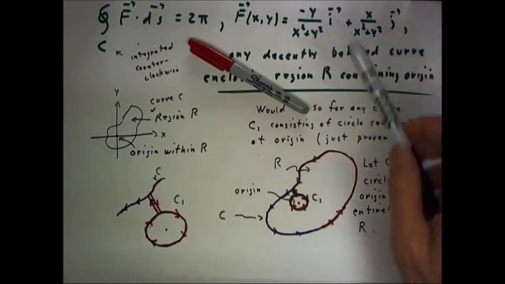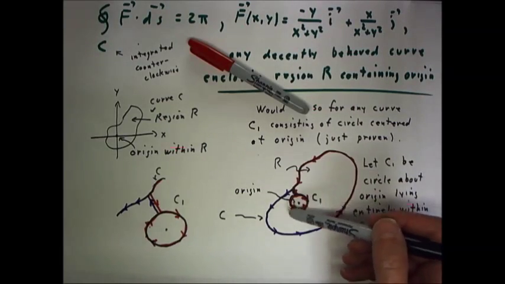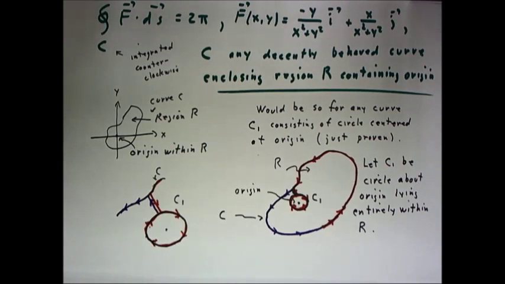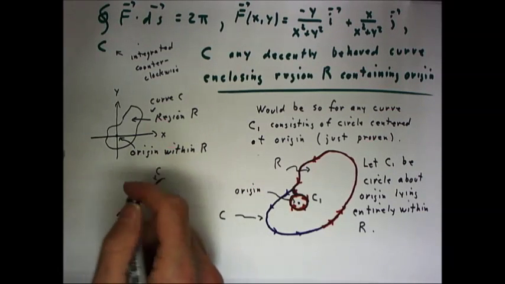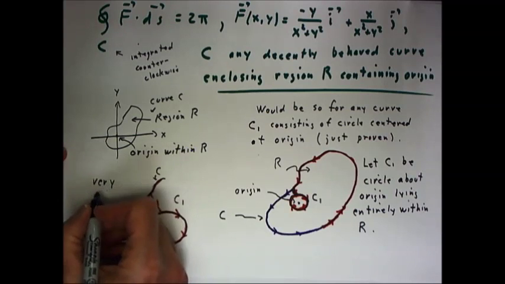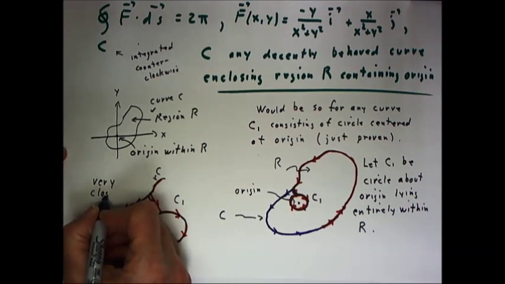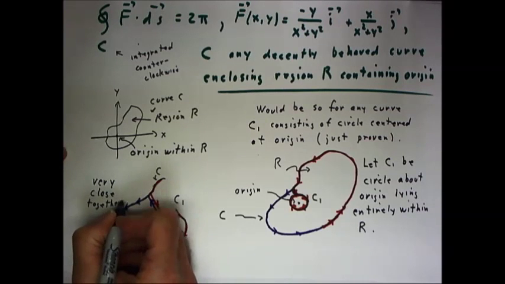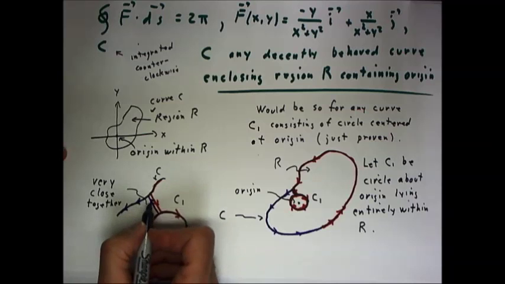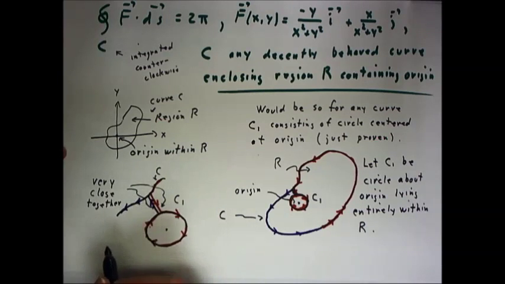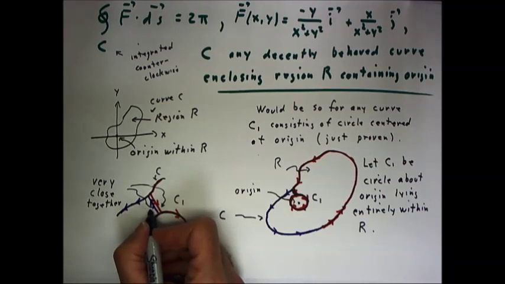We did that because our entire curve here can't intersect itself, so these two segments are very, very close together.